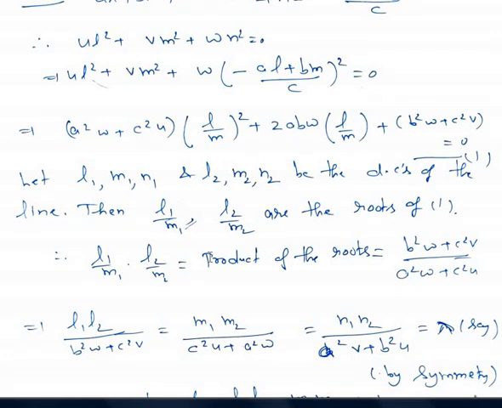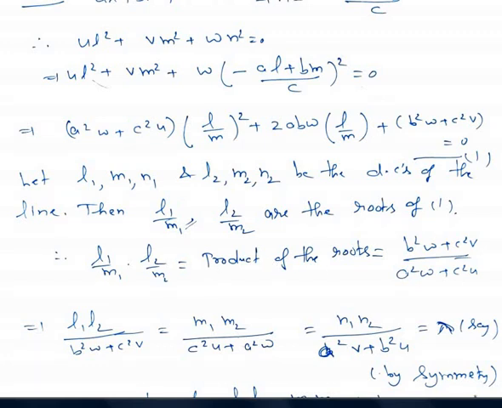Now we know that the product of the roots l1/m1 and l2/m2 is given by C upon A. You have already studied in 9th or 10th class that the product of the roots alpha into beta is C upon A. What is alpha plus beta? Alpha plus beta is -B upon A. So the product of the roots, C upon A, means (b²w + c²v) upon (a²w + c²u).